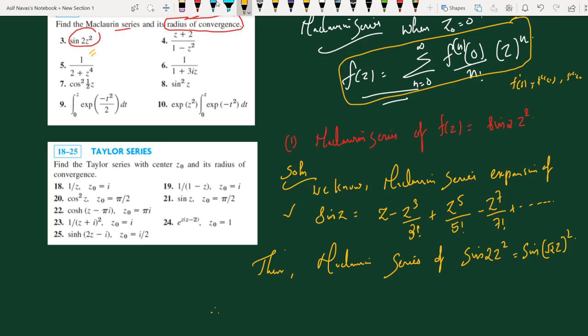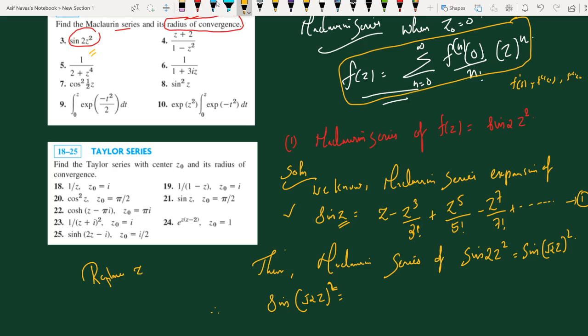We already know the Maclaurin series expansion of sin z, which I am calling equation number 1.